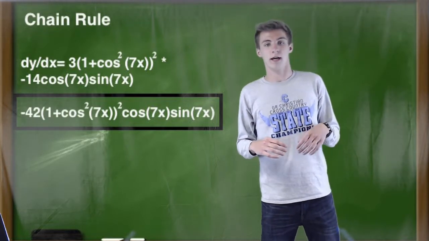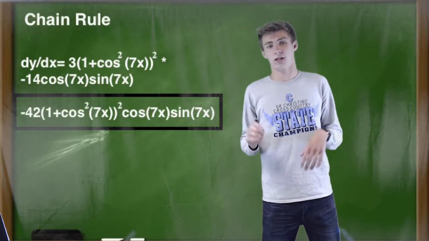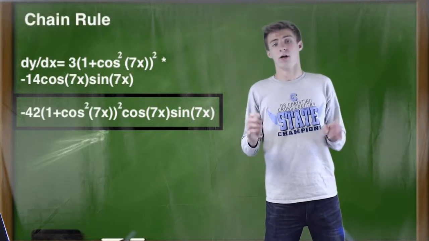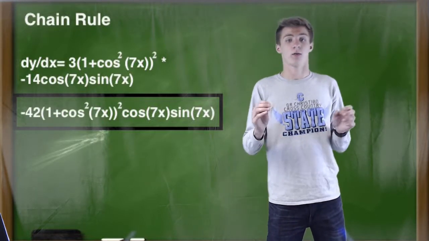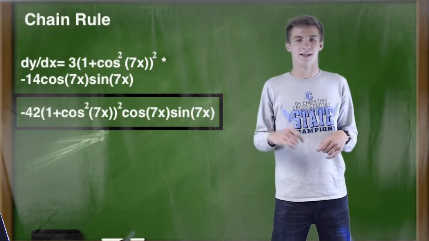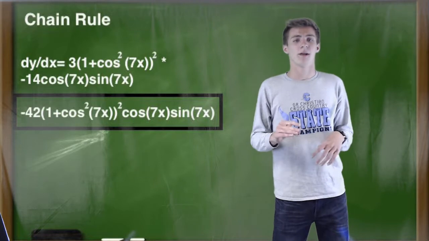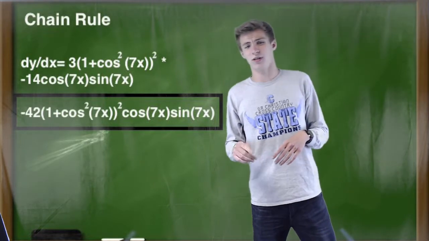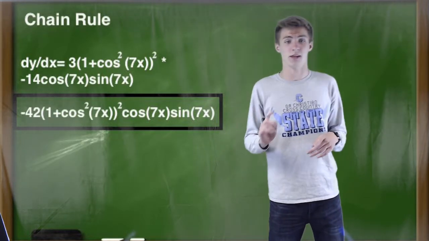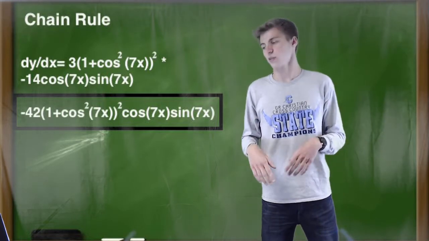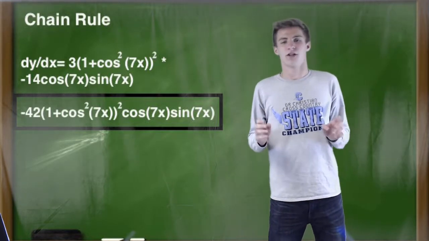Now we can simplify it, and we are left with negative 42 times the quantity (1 + cosine squared of 7x) squared times cosine of 7x times sine of 7x. This is a complicated example, but it's important to remember that the chain rule can be used multiple times in the same equation. But now we have mastered the chain rule.